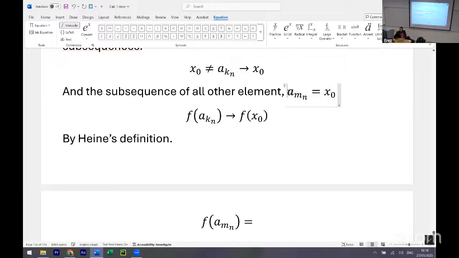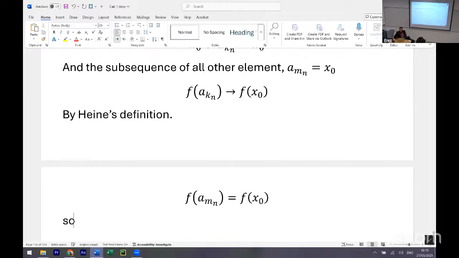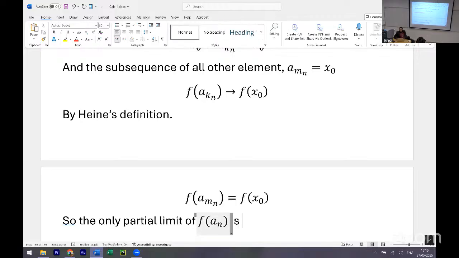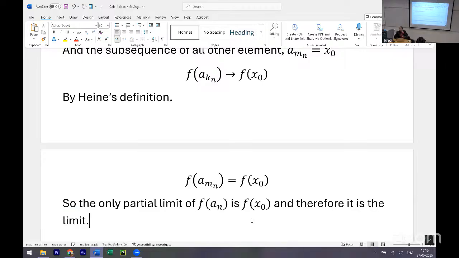The other elements are all actually equal to x0. So what does that equal to? f of x0, exactly. So the only partial limit of f of a_n, because we took two subsequences that cover all, is f of x0, and therefore it is the limit. There is only one partial limit, and it's the limit, and then we finish the proof.